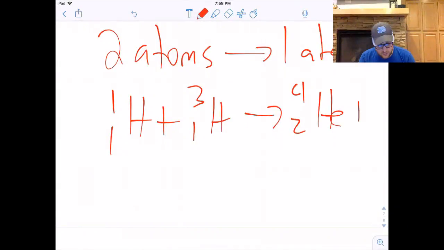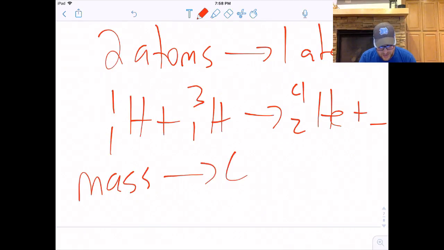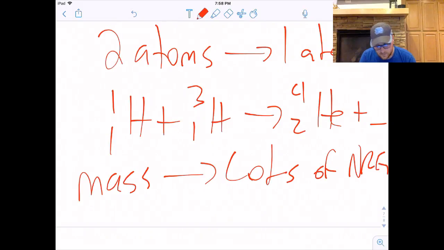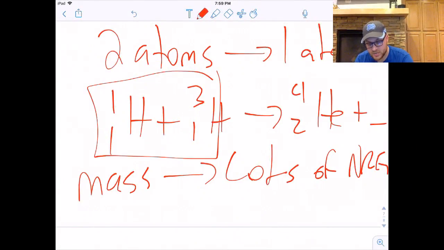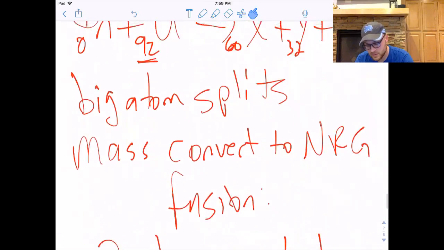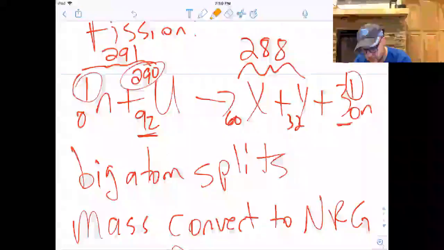Again, mass is getting converted to lots of energy. And that's fusion. So those are the 2 unnatural ones, and they're unnatural because they have 2 reactants. There's always 2 things on the left-hand side of the equation when you have an artificial, unnatural nuclear reaction.